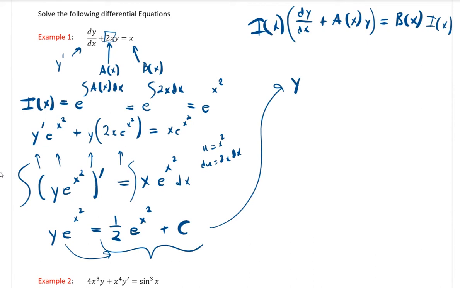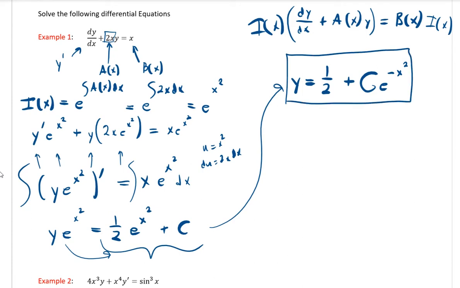I get y equals 1/2, because e to the x squared divided by e to the x squared will cancel out, plus c over e to the x squared, or how I'm going to write it, c times e to the negative x squared. That way I use fewer fractions. So that would be my solution for y.